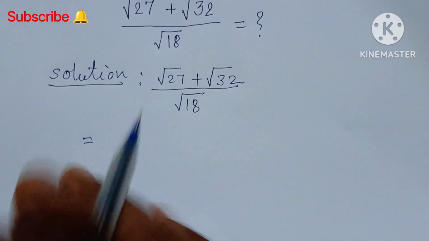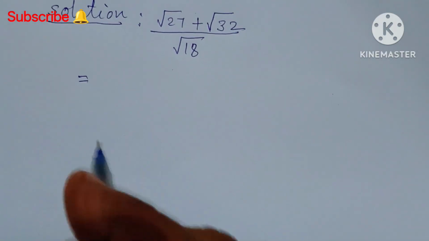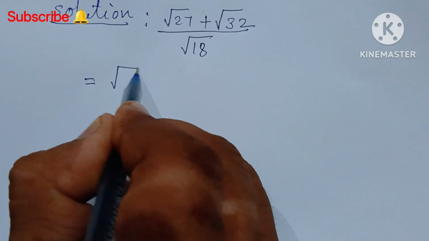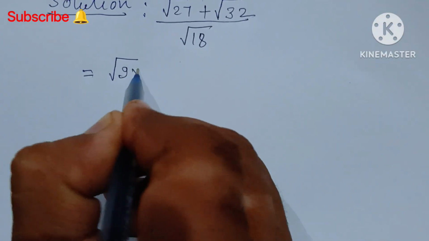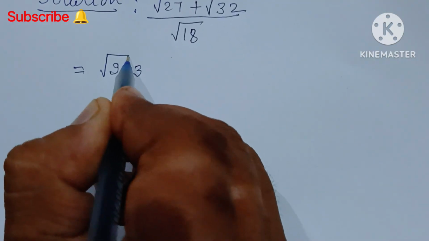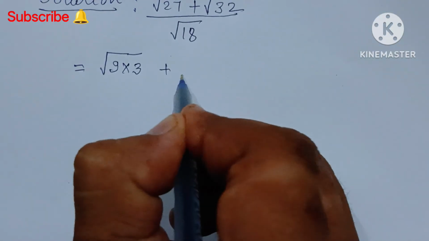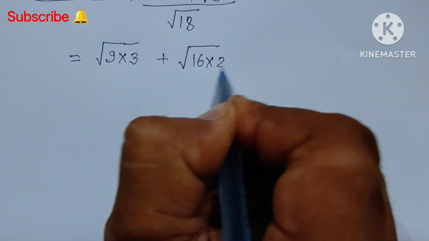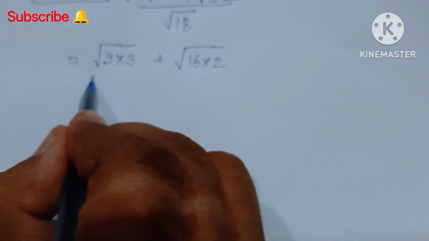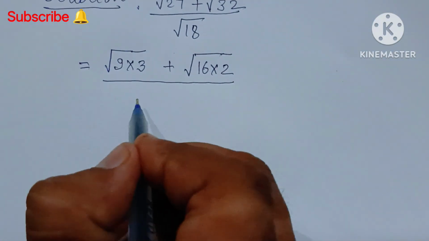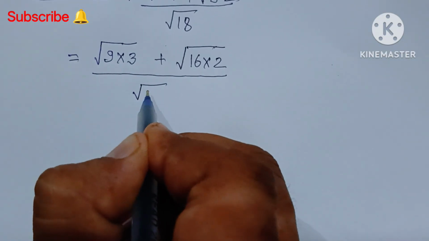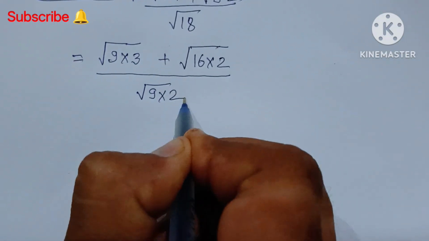equal to, we can write this under root 27 as 9 into 3, plus under root 16 into 2 is equal to 32, and we can write 18 as 9 into 2.